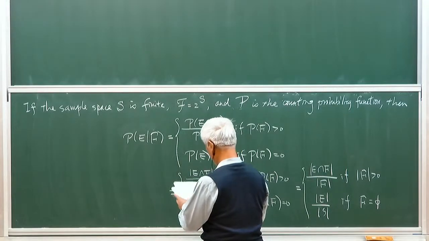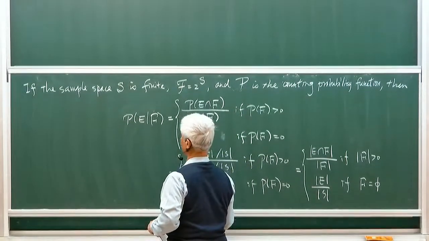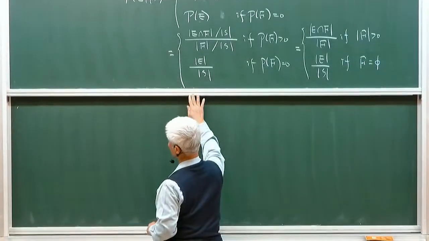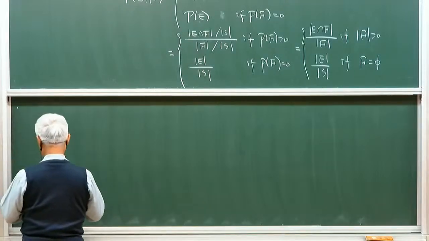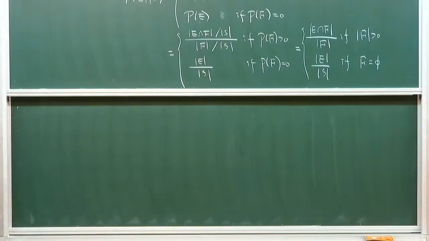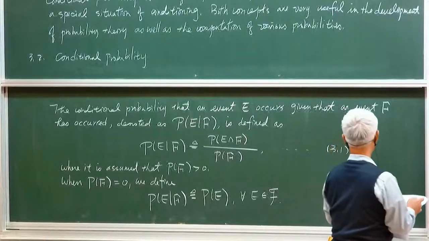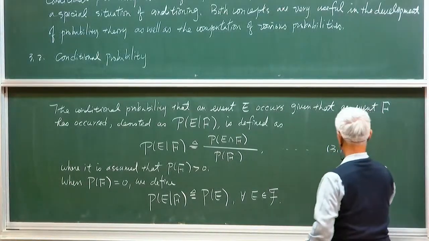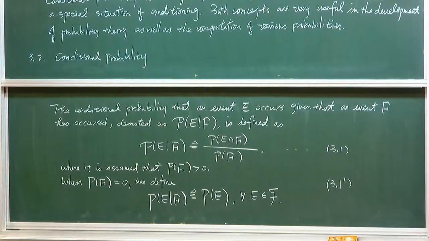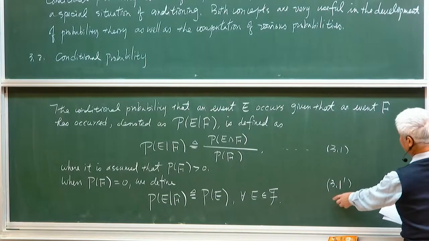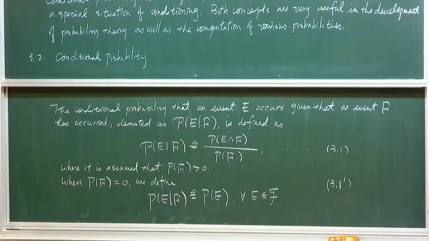So that's simple. Now, from the definition of conditional probability, we say this is 3.1 here, and this is 3.1 prime. So this is the companion definition to the previous one.